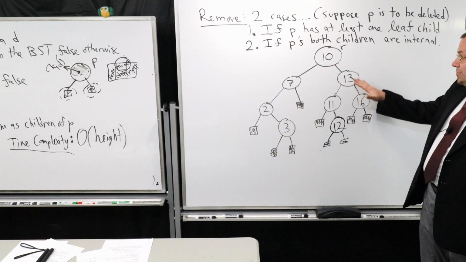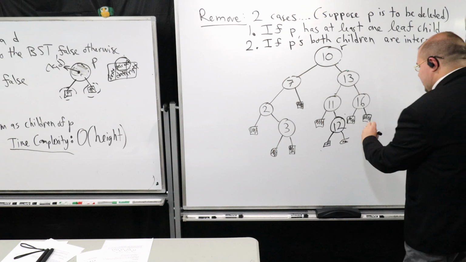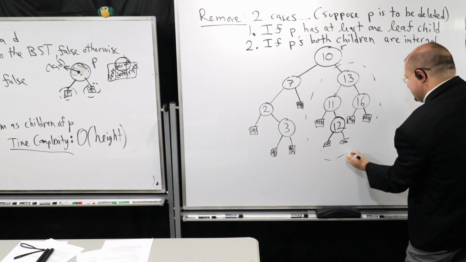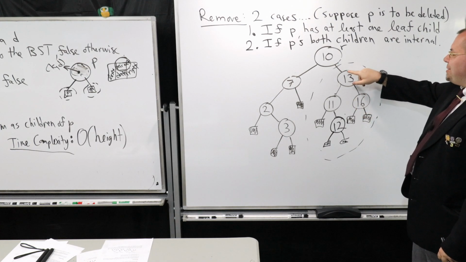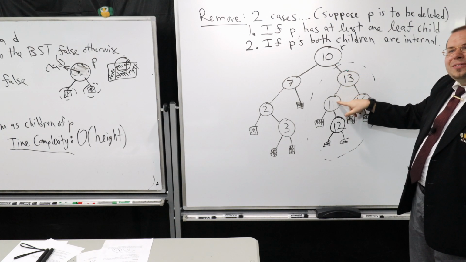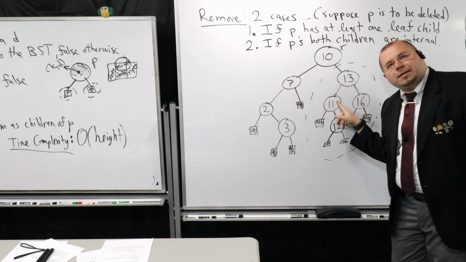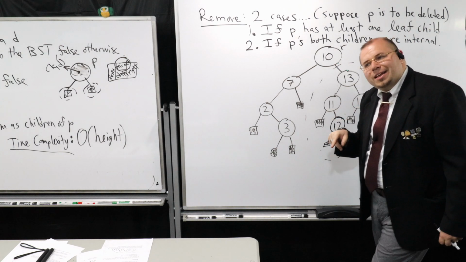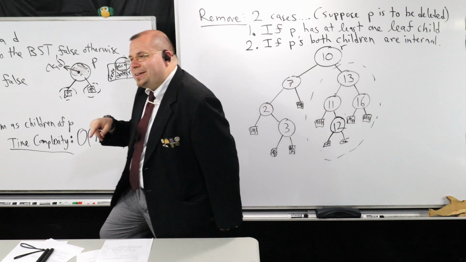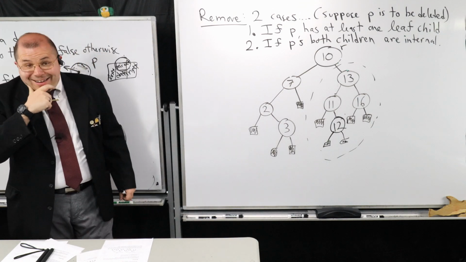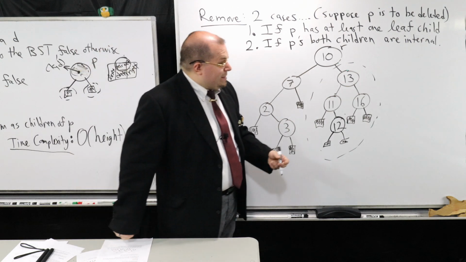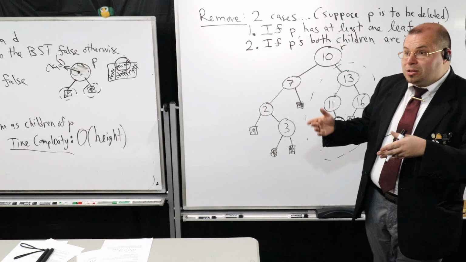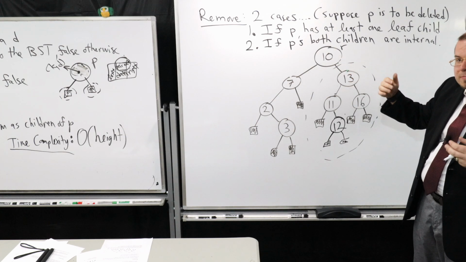Notice that if you look at this right subtree right here, there's a very interesting property we have. If you look at 11, is it the smallest key? Is 11 the smallest key in that entire subtree? It is, because it's the successor of 10, which means that by definition, it is the smallest key that is larger than 10.